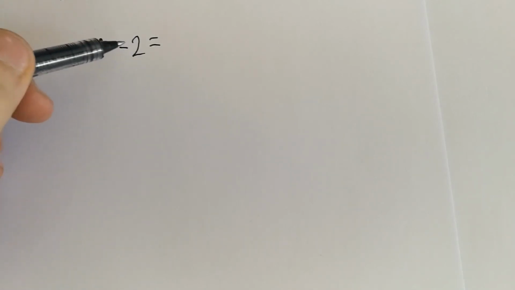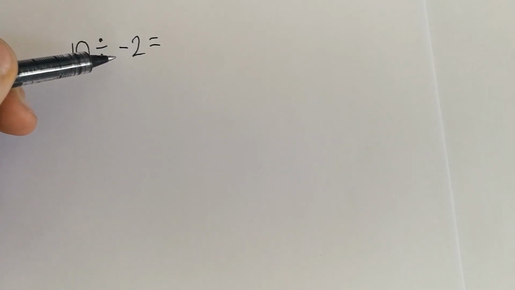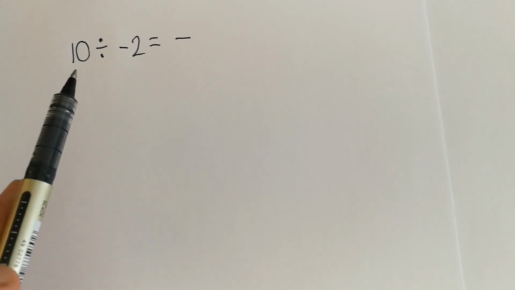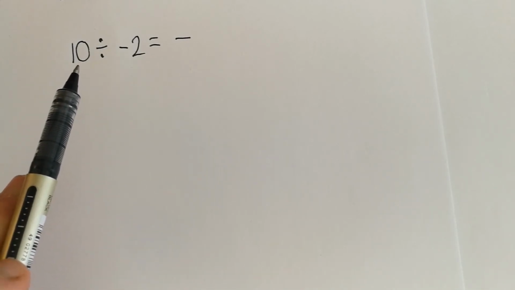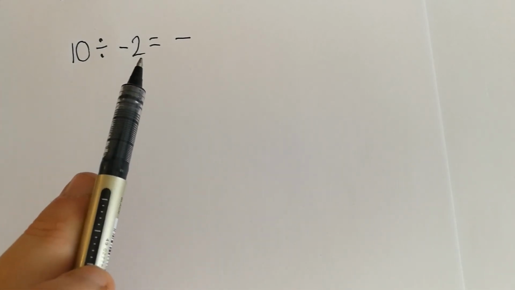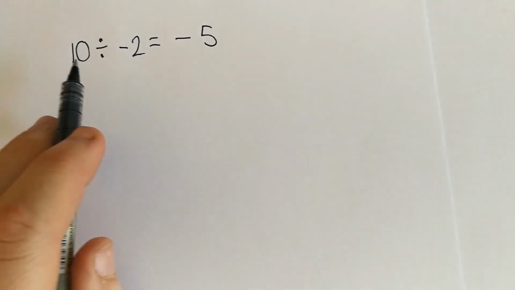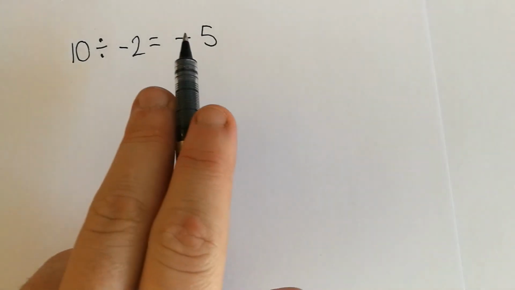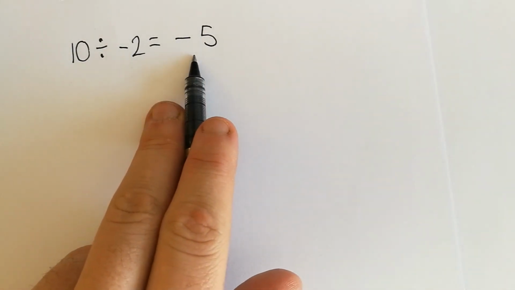Well, there's only a single negative, and single negative people are just negative and unhappy. So it's minus. But then we just do 10 divided by 2, and 10 divided by 2 is 5. So 10 divided by minus 2 is minus 5.